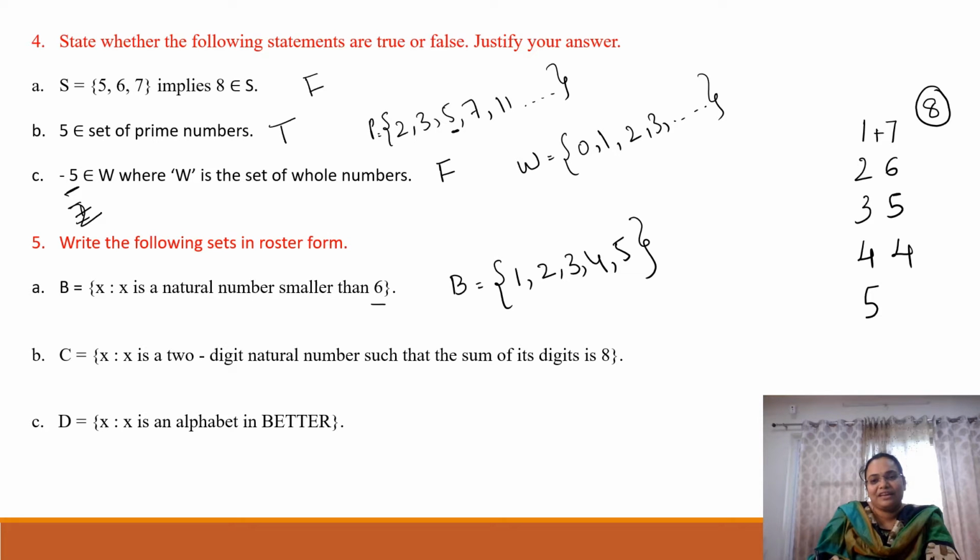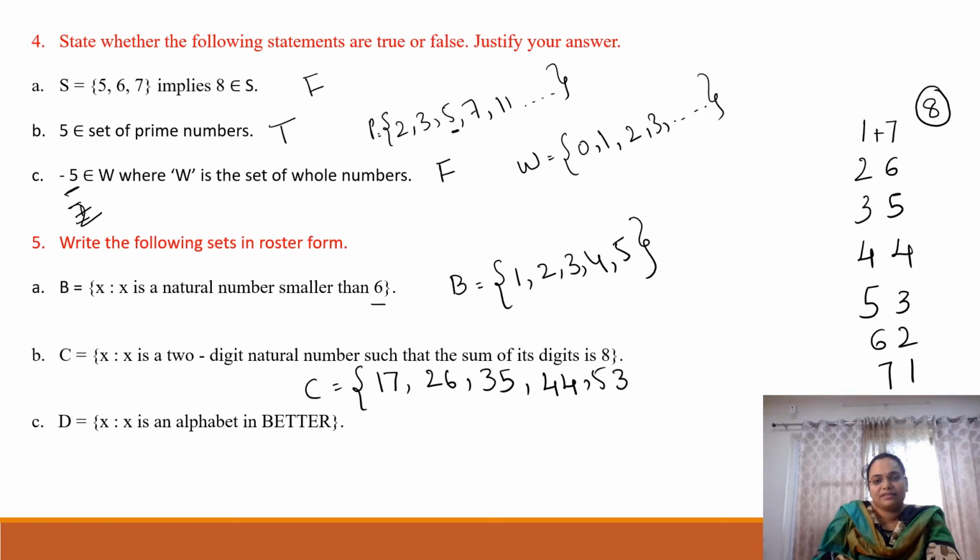Correct? 5 and 3, 6 and 2, 7 and 1. Yes, so C is equal to {17, 26, 35, 44, 53, 62, 71}. Clear?